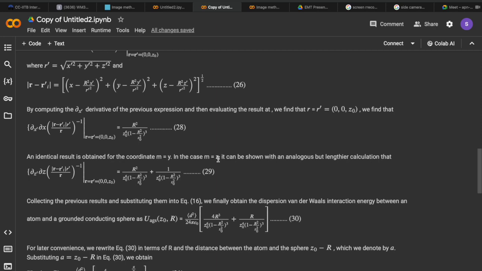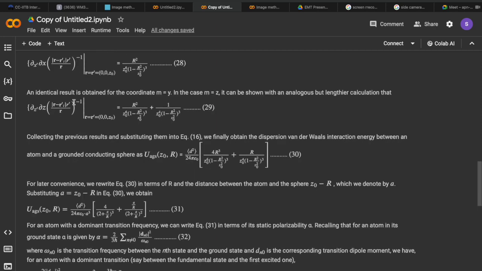An identical result is obtained for the coordinate m equal to y. In the case m equal to z, it can be shown with an analogous but lengthier calculation that dz dash dz of the norm of r minus ri dash inverse at r equal to r dash. This gives equation 29.